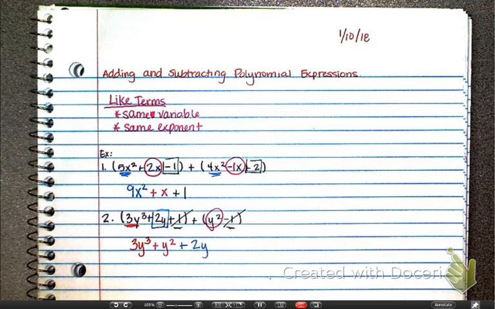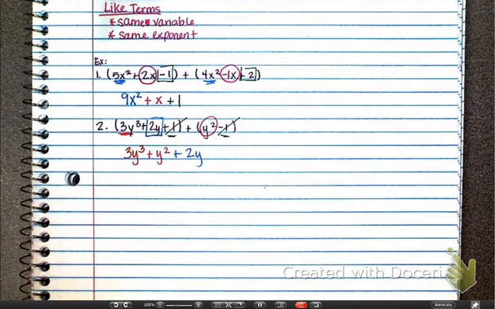I'm going to give you two problems that I'd like you to try, so once I write these two problems, please pause the video so that you have a second to try them on your own.